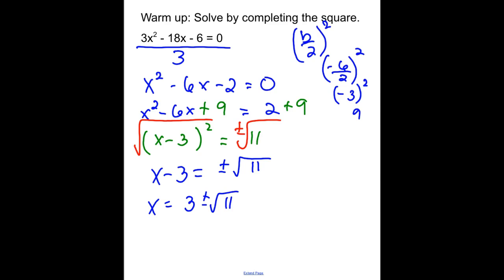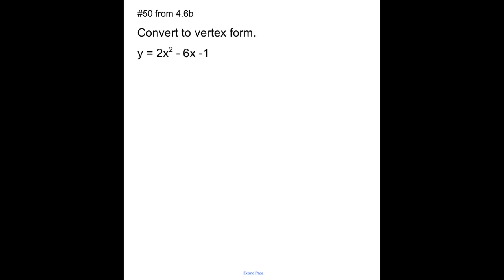Okay. I do want to look at question 50 from your homework last night. We talked a little bit yesterday, I think in this hour, about what do we do when there's an a term, right? When there's a number in front of the x squared and you're trying to complete the square to put it in vertex form.